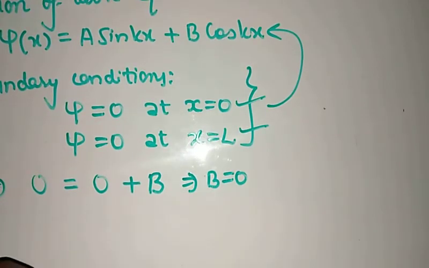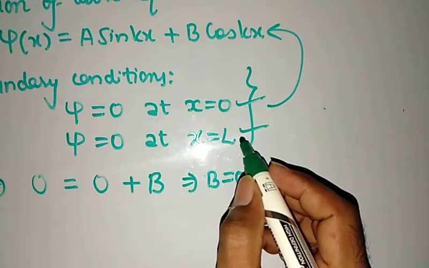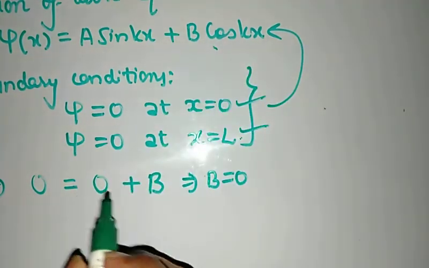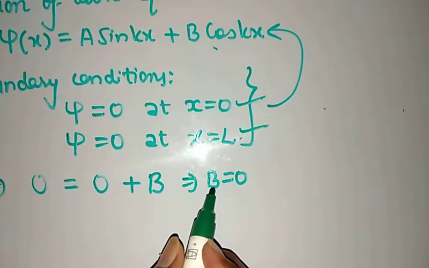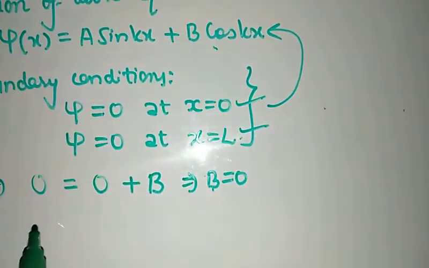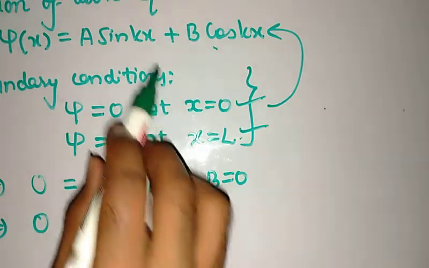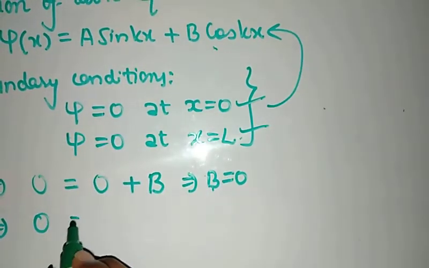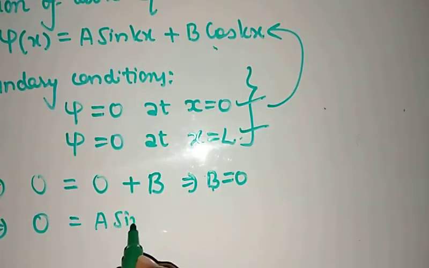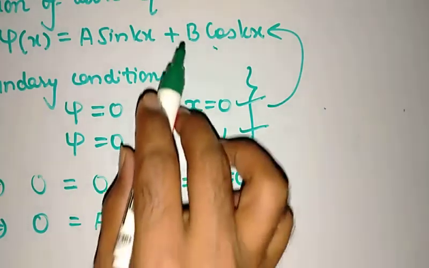Now we will use the second point, this one, again in this equation. So we have obtained b equal to 0. Again psi is 0 at x is equal to L, so we will put here a sin kL, and obviously plus b is 0, so this term will be 0.